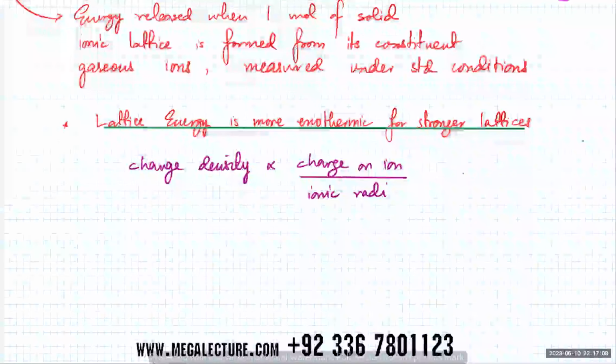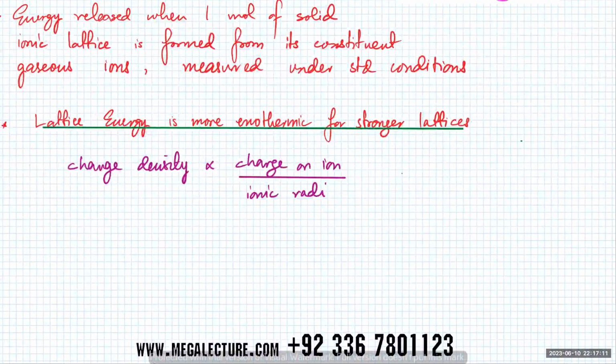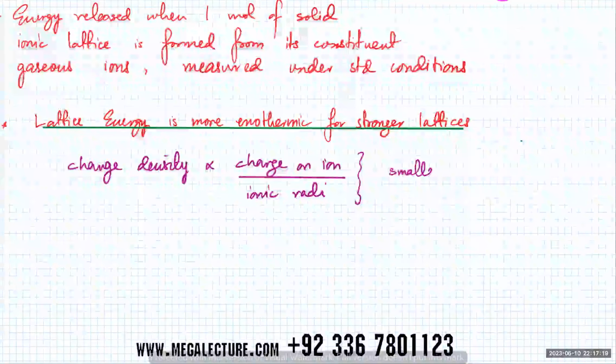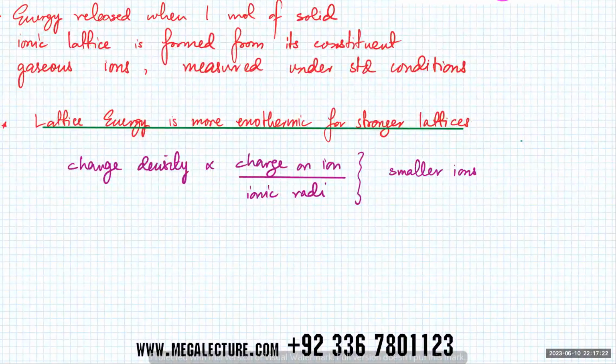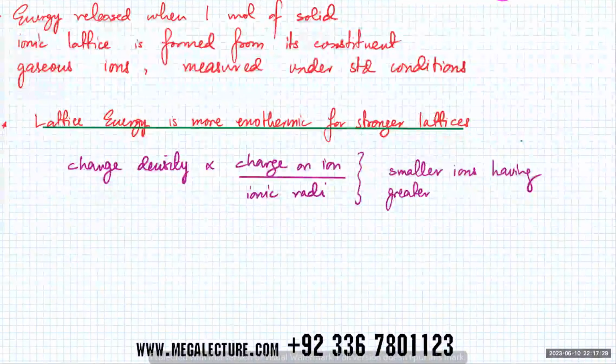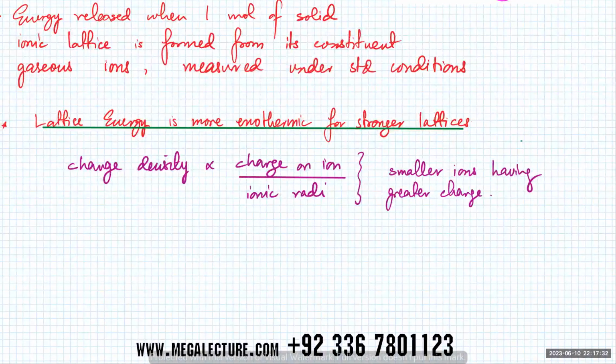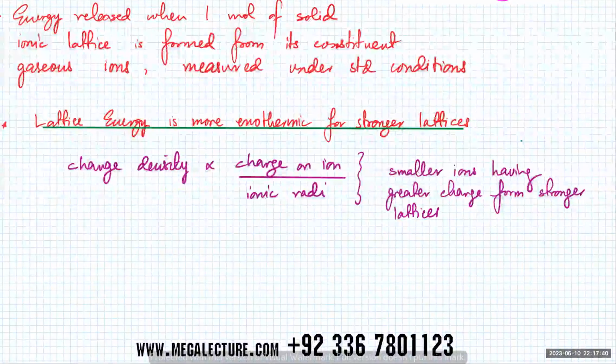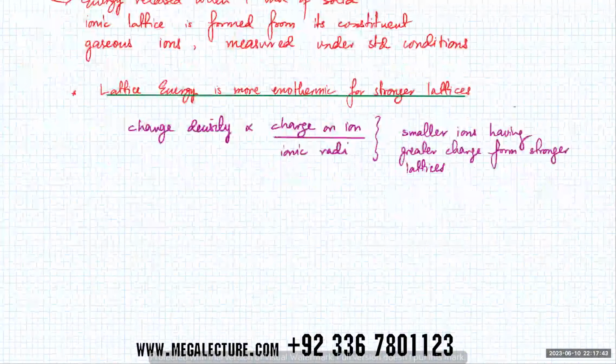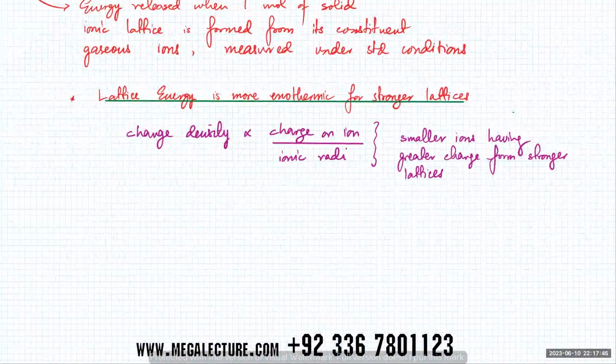So if you sum this up, smaller ions having greater charge are going to form the strongest lattice. Is this part clear?